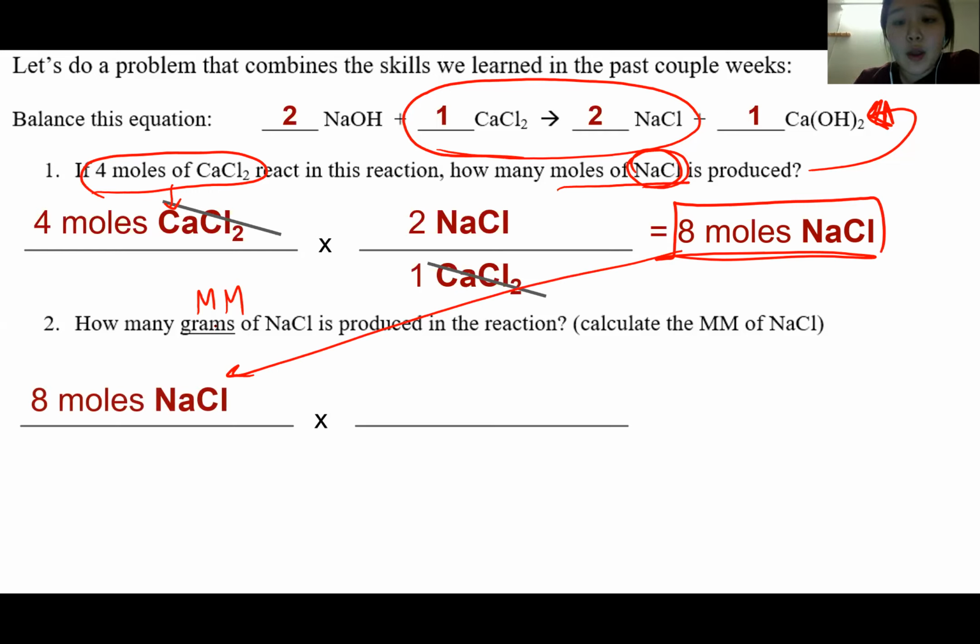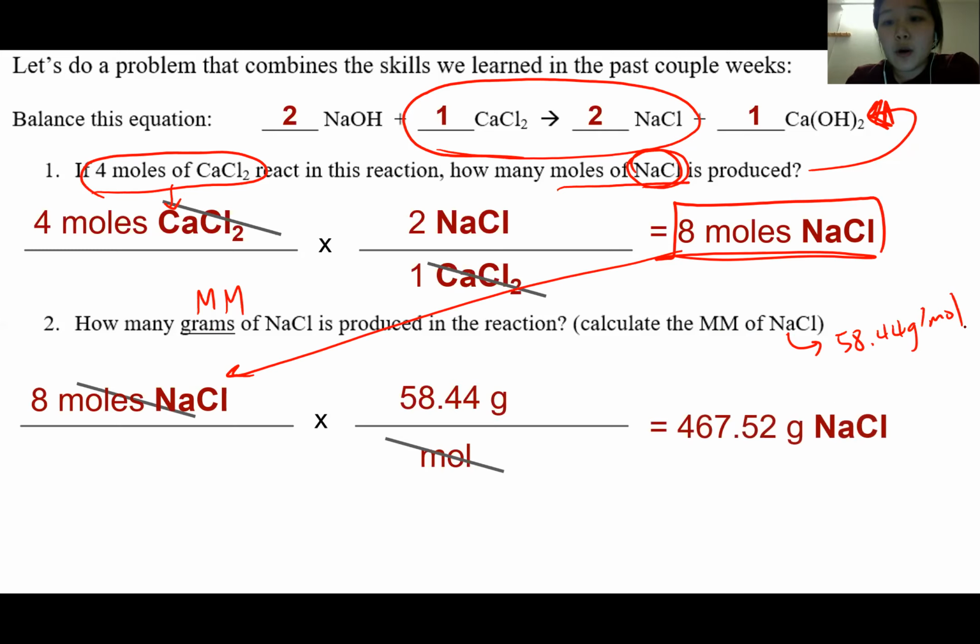So we want grams, so we're going to multiply by the molar mass of NaCl. So NaCl is 58.44 grams per mole. So if I do the math out, 8 times 58.44 grams, I get 467.52 grams of NaCl.